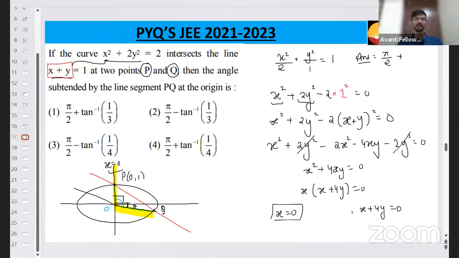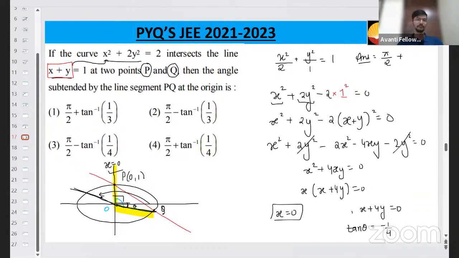The angle made by this line with the x-axis. How to get it? Tan theta, guys. We'll extend this line. This is the slope. So what is the slope? Tan theta, which is equal to minus 1 by 4.